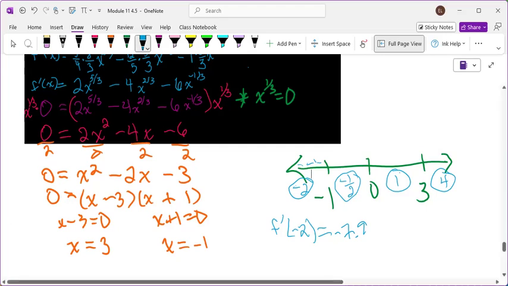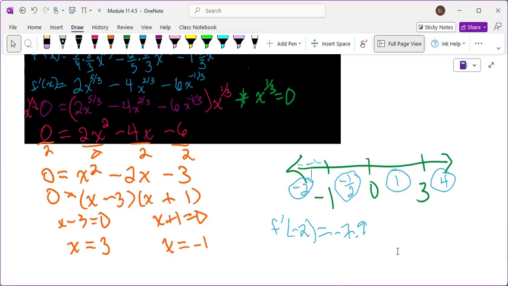At this point, I'd just say go to Desmos, plug it in there. Well, we can at least do the 1 easily. 2 minus 4 minus 6 will be negative. The 4 is probably going to be positive.